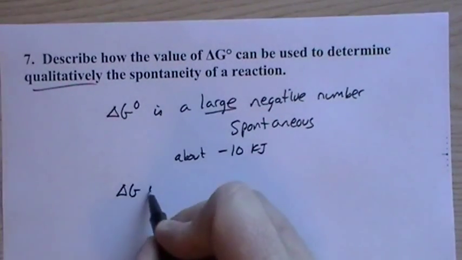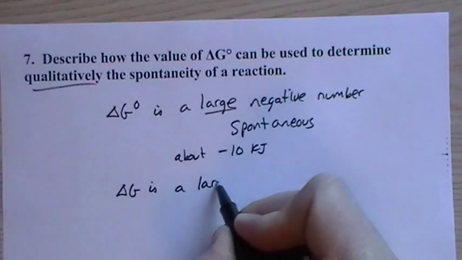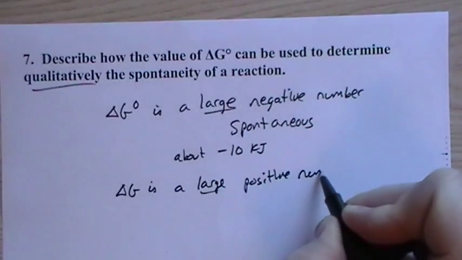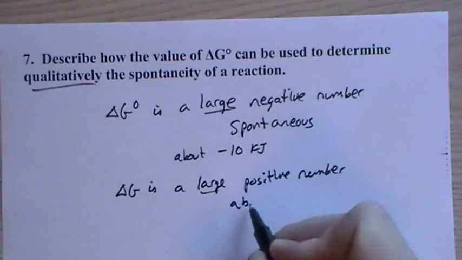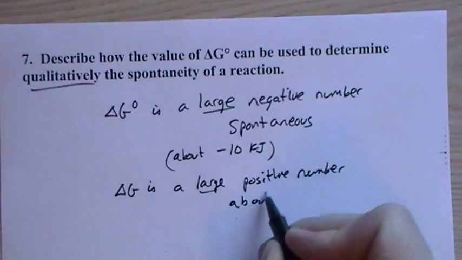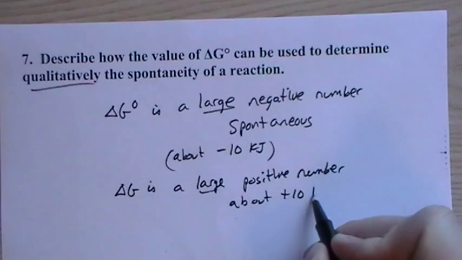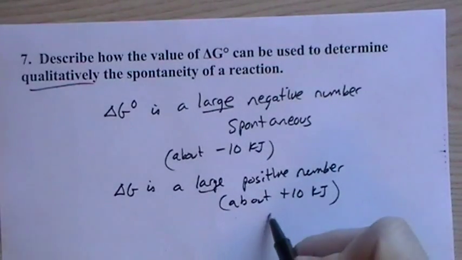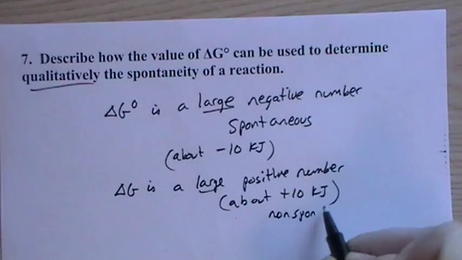If delta G is a large positive number, and so about positive 10 kilojoules or above, then it's non-spontaneous.